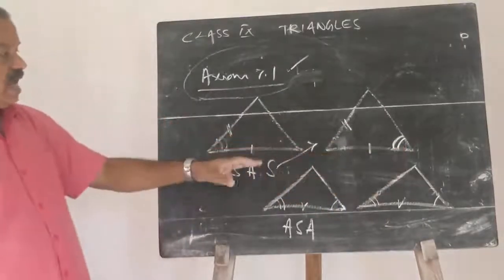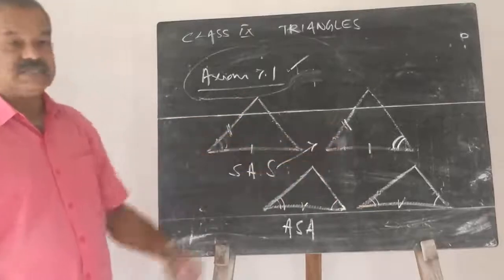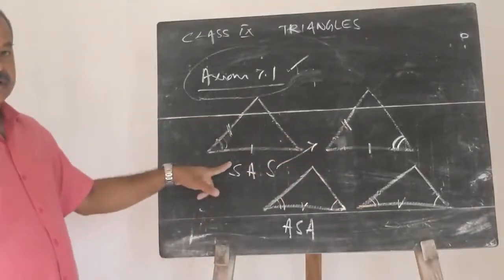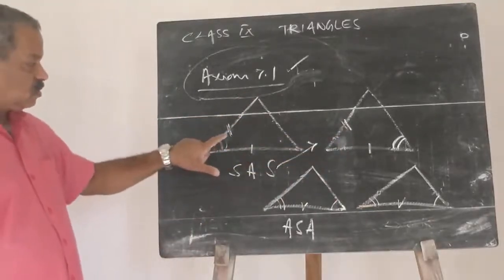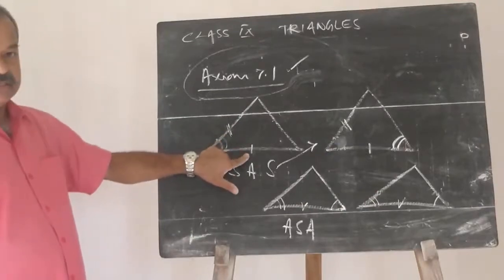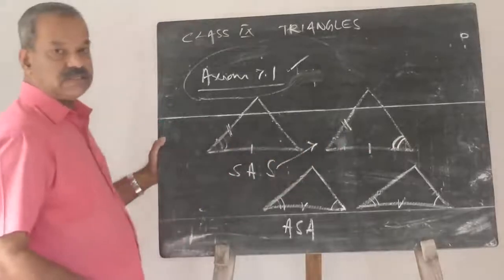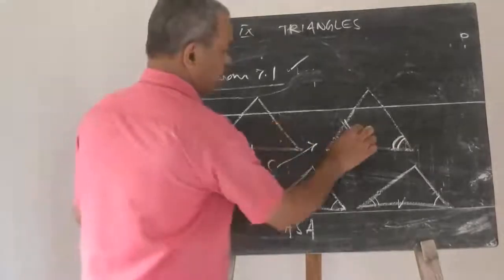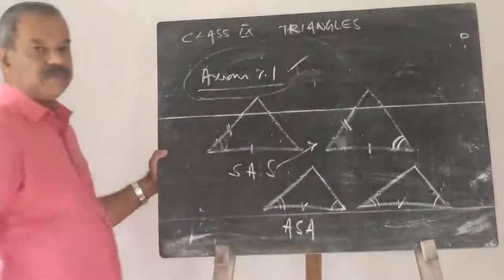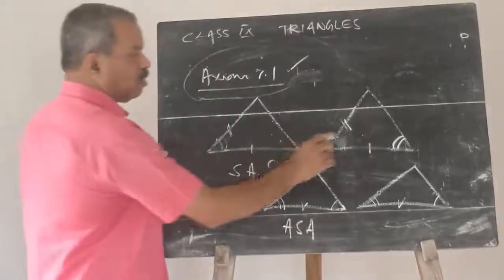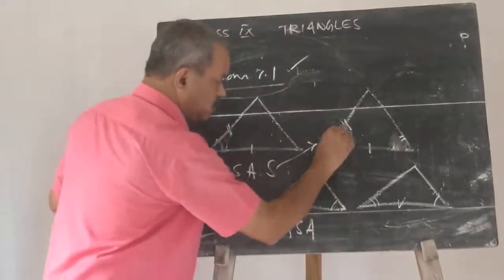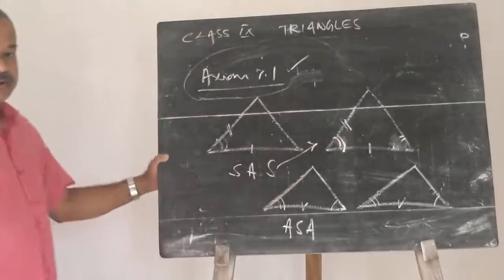Included angle means the angle made by the given sides. Lengths of these sides are given, so this is the angle made by the known sides. Here the angle is different. So in this case the comparison is wrong, and we cannot say that the triangles are congruent. To be congruent by SAS, the included angles should be equal.